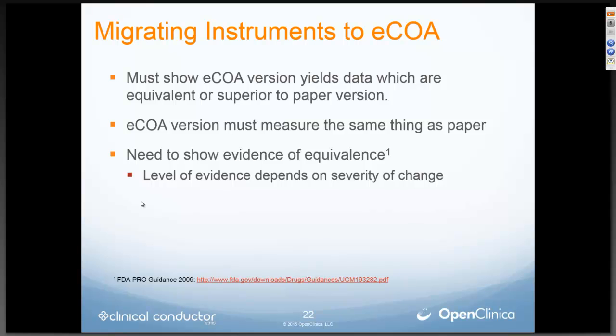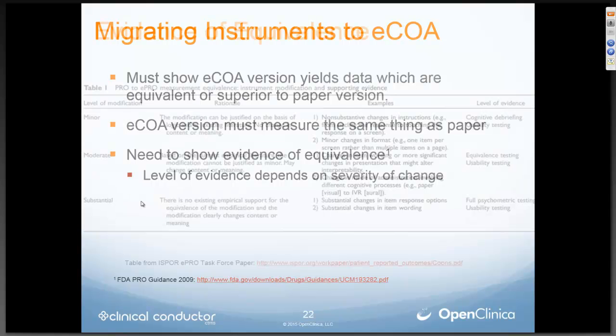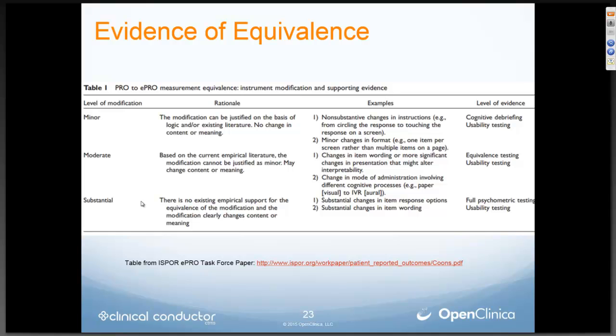The level of evidence that you need really depends on the severity of the change that you're making. The FDA has some guidance documents that go through this in excruciating detail, but the International Society for Pharmacoeconomics and Outcomes Research, ISPOR, has done a really nice job of digesting this into the following chart.